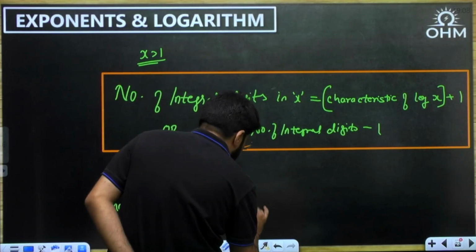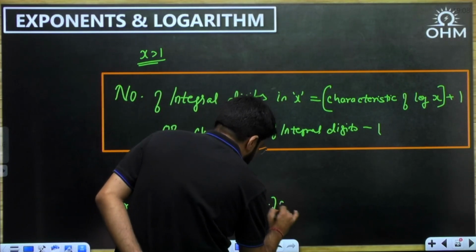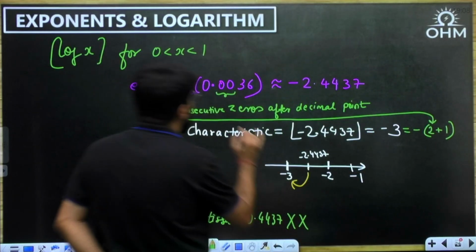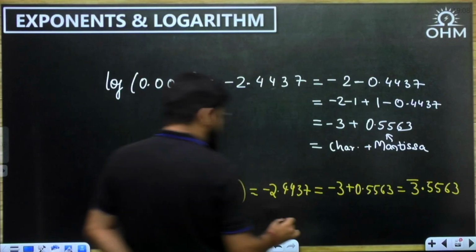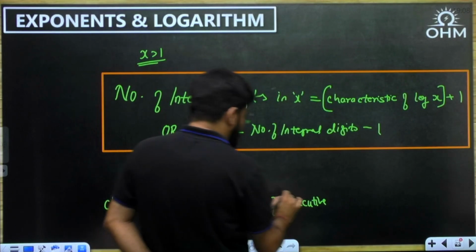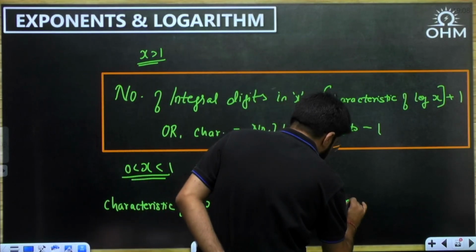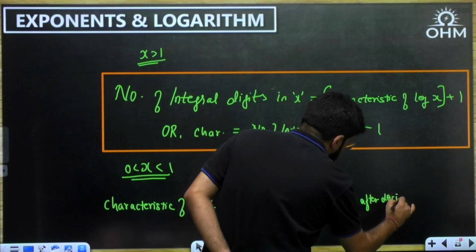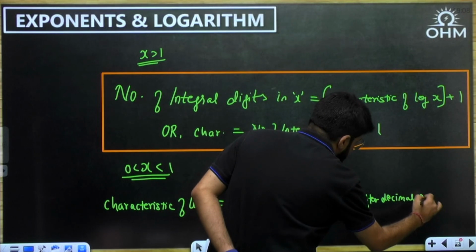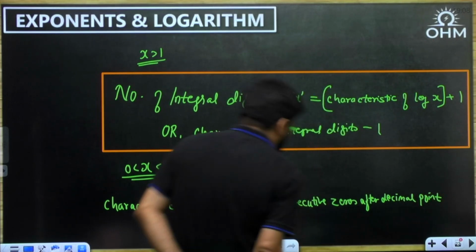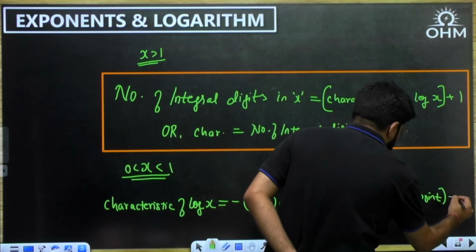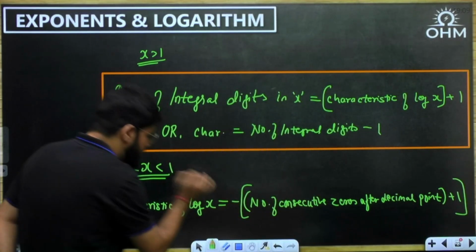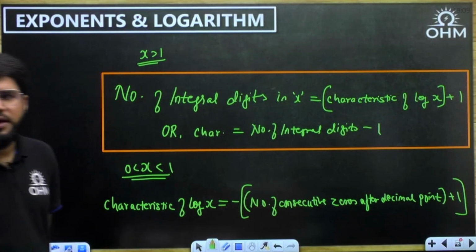The number of consecutive zeros after the decimal point, plus 1, and then the minus sign. That is the characteristic of log x.